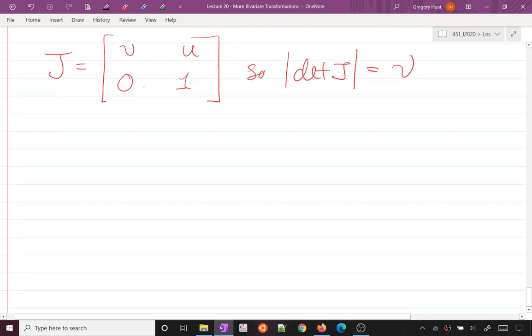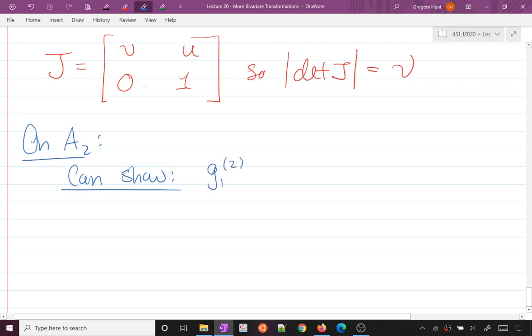We can do a similar kind of thing on chunk A2. So we'll hold it there for now. On chunk A2, it's basically the same kind of deal: g1 on chunk 2 inverse of (u,v) is negative uv, and g2 on chunk 2 inverse of (u,v) is negative v.